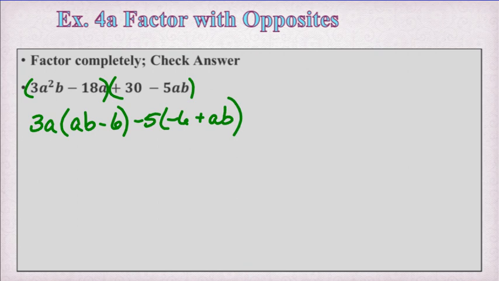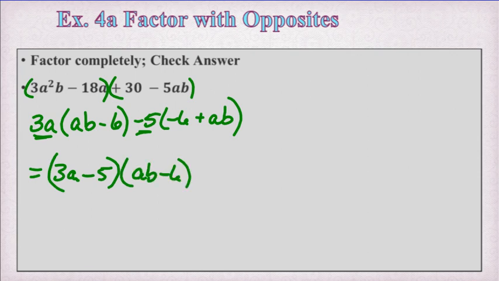Now they may look different, but they're really the same, because if I reorganize it, it's really AB minus 6. So in my answer, I would have 3a times ab minus 6. Actually, it'd be 3a minus 5, because everything right here, times ab minus 6.